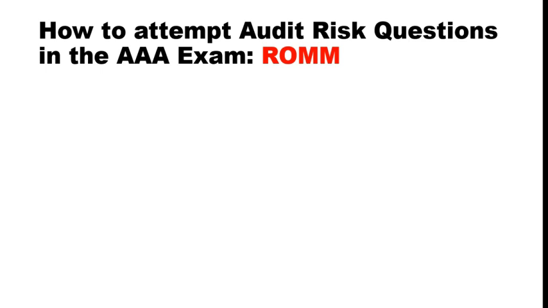All right, now the ROMM. Usually when the exam requirement comes and says determine the risk of material misstatements within this scenario, you need to expect 3 marks for a point that has been raised. Okay, for a risk that has been identified, a maximum of 3 marks could be gained.